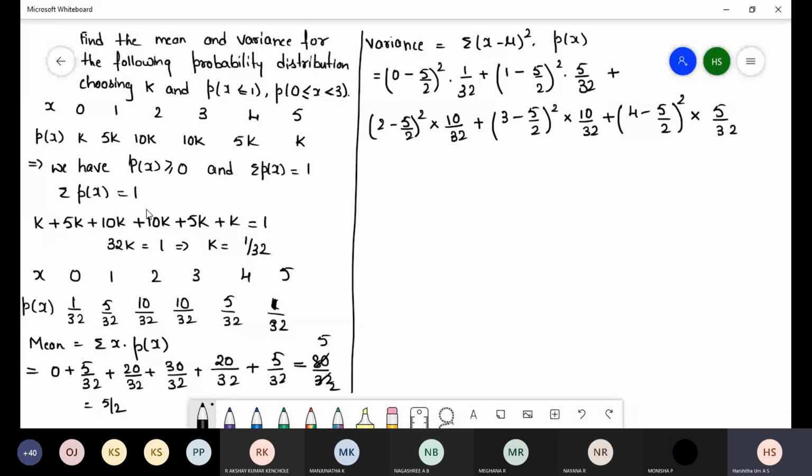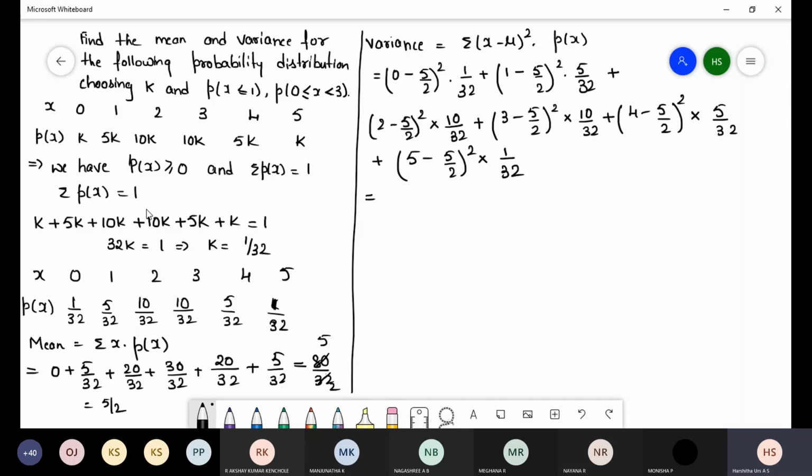The last one is 5 minus 5 by 2 whole square into 1 by 32. Find out the answer for this.